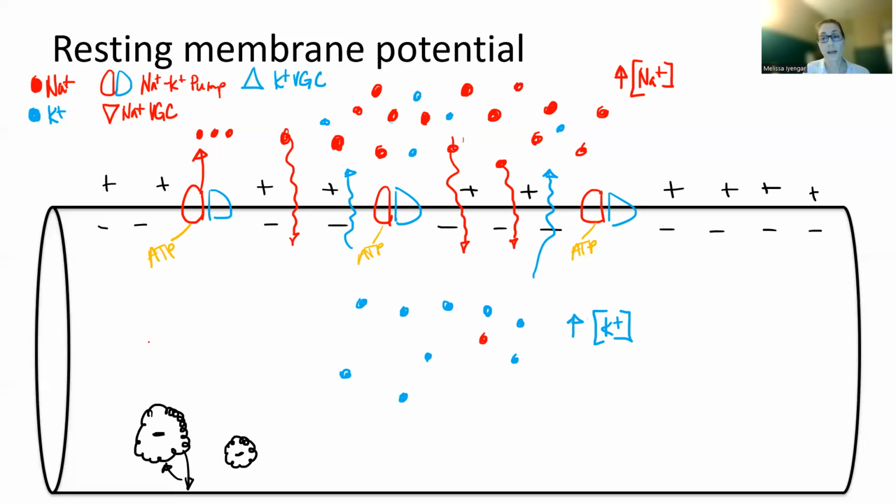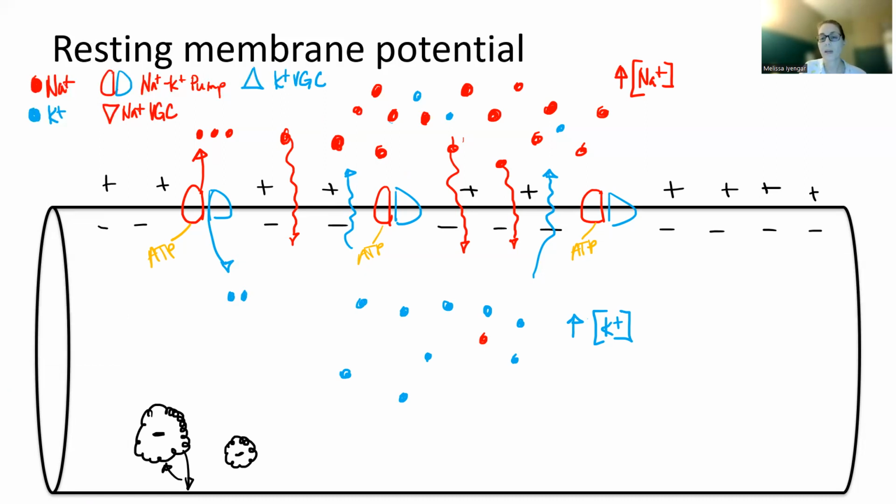So then we counteracted the diffusion that we just did. And then at the same time, the pump is going to take 1, 2 of the potassiums that diffused out, right here, and it's going to pump them into the cell like that so that we counteract the 2 that just diffused out.